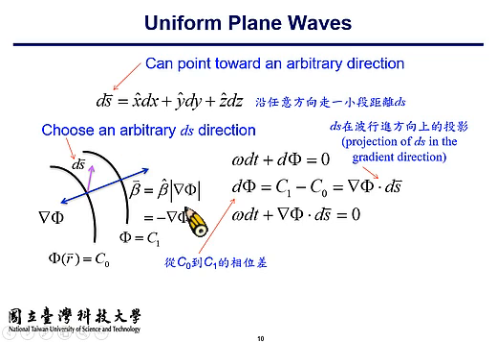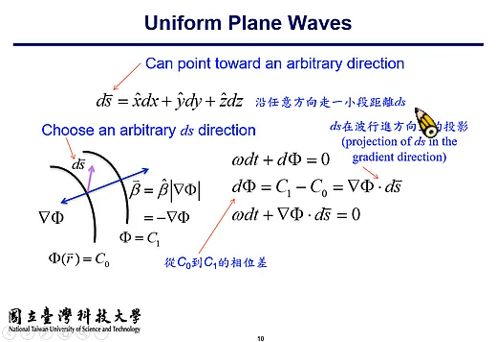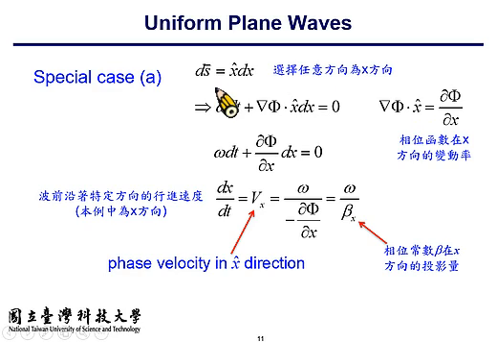It's defined as the negative of the gradient of phi. So it is perpendicular to the equal phase front. 跟等相位面是正交的，波的等相位面正交.